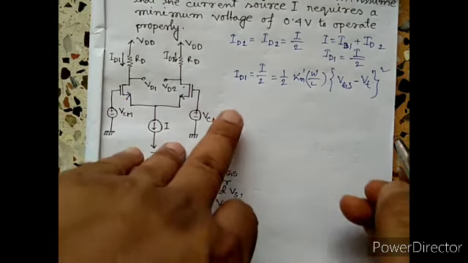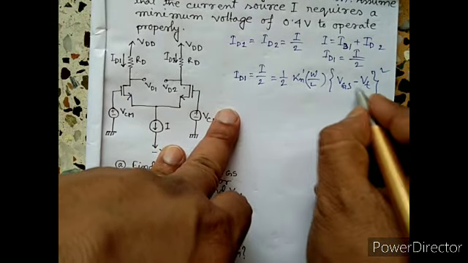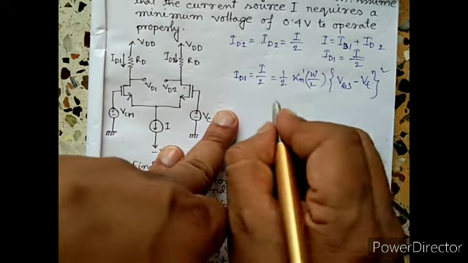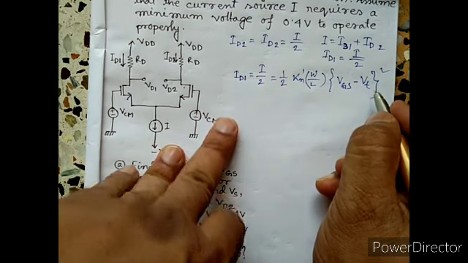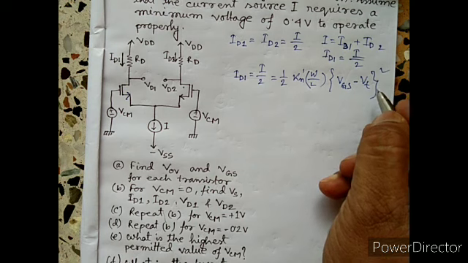VGS minus VT is represented by the overdrive voltage.